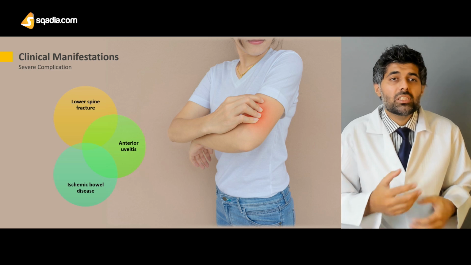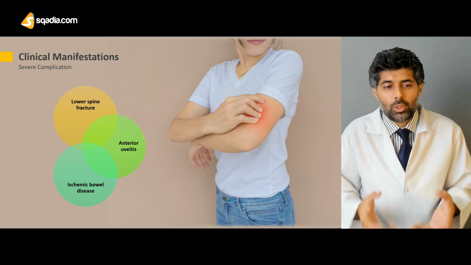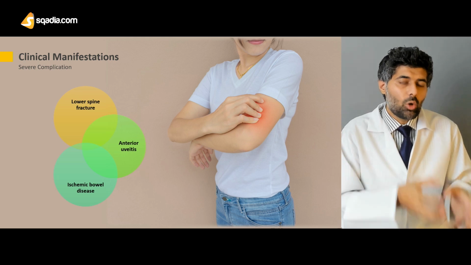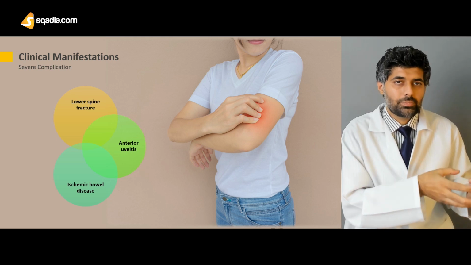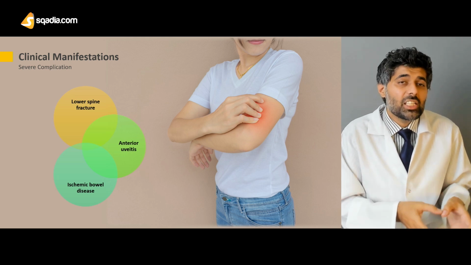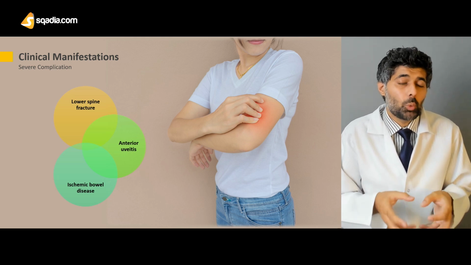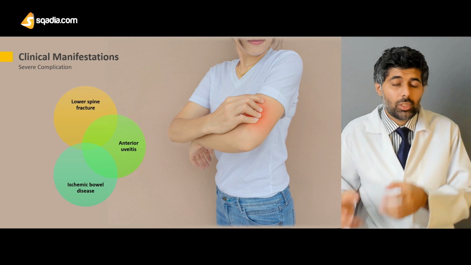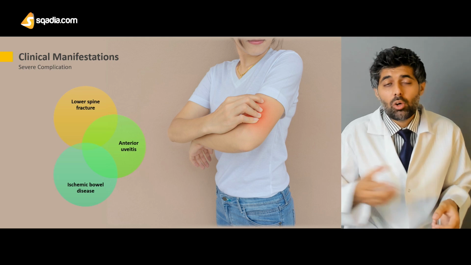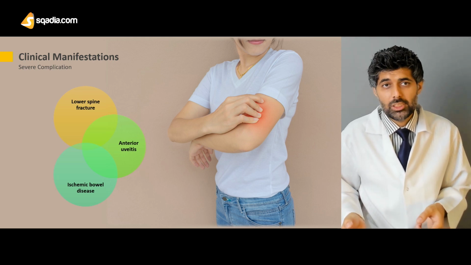And all of this starts to happen because the ischemic bowel disease, along with ankylosing spondylitis, have the same pro-inflammatory components. So, ankylosing spondylitis in a chronic setting can cause an inflammatory bowel disease.